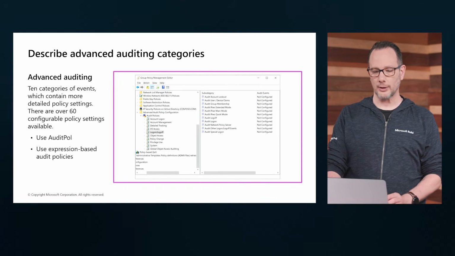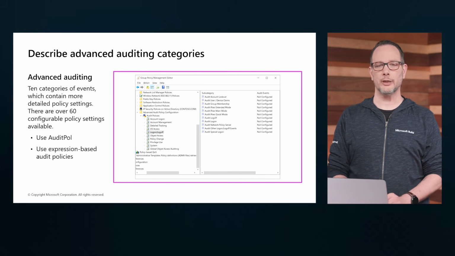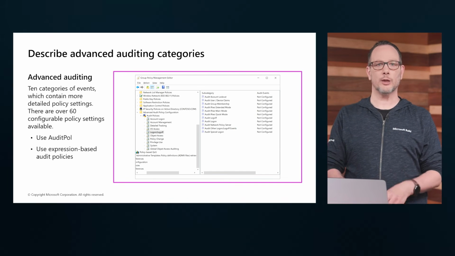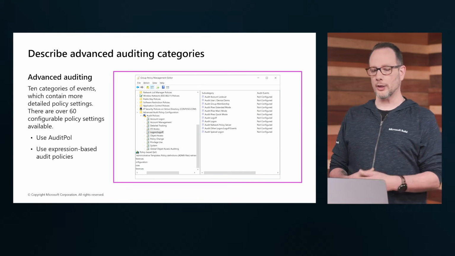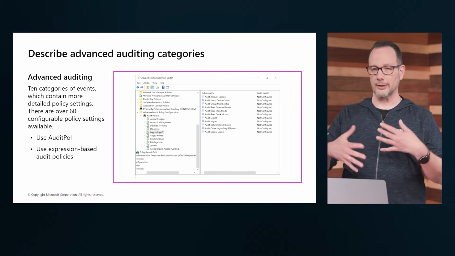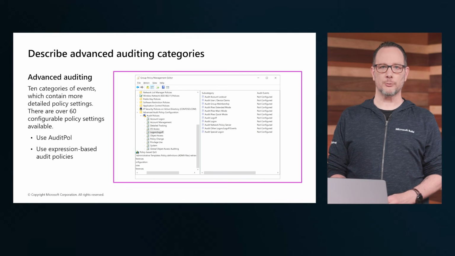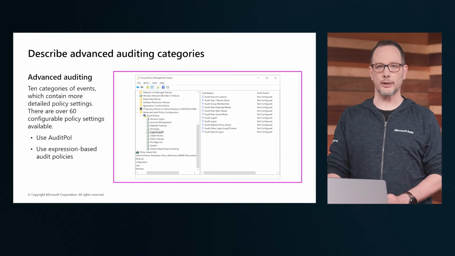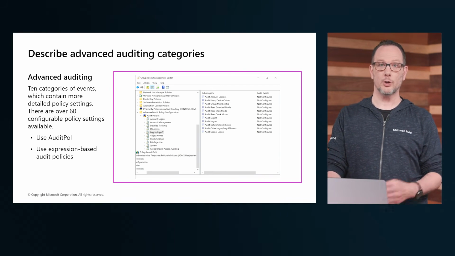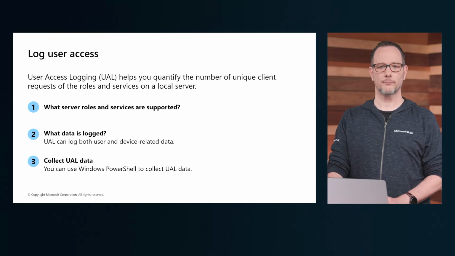You can do auditing on a lot of different levels, and this is where once more the group policy management comes in, where you've got more than 60 different configurable policies, which means you're going to enable what we call audit policy. That's like using the group policy audit characteristics and then using expression-based audit policies, which means you can define what kind of audit logging you want to enable or you don't need. That's really that flexibility that you have.